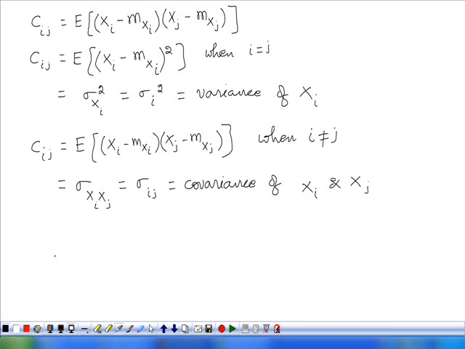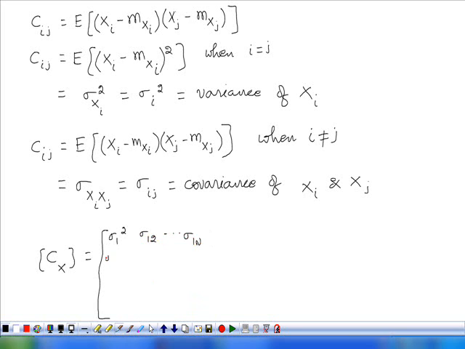Then, can we write Cx now? The matrix Cx is equivalent to: what is C11? C11 is sigma 1 square, C12 is sigma 12, and so on, C1n is sigma 1n.